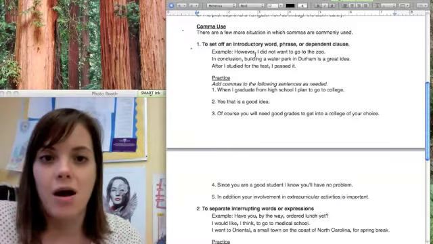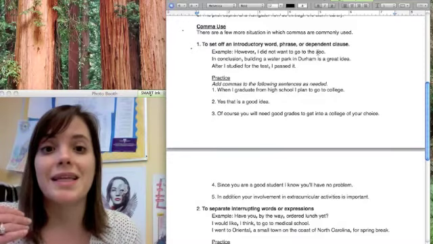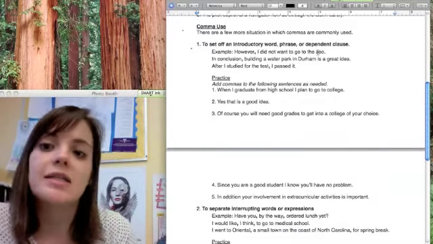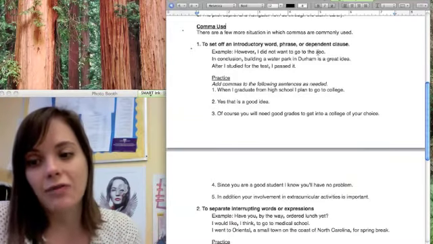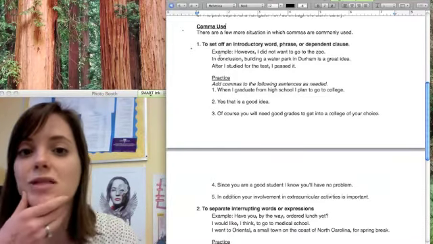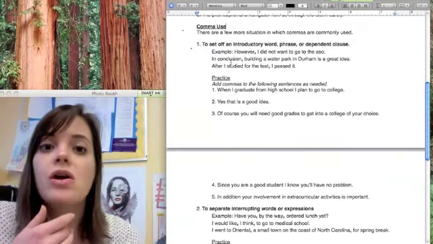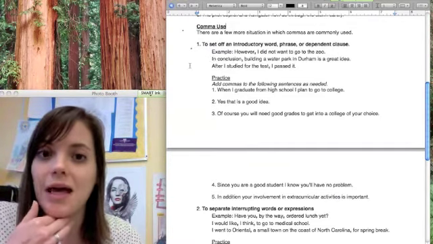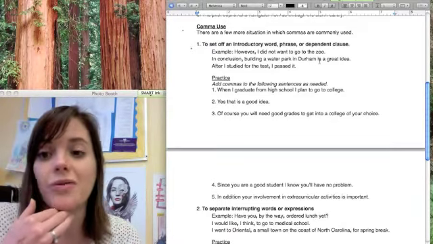However, comma, I did not want to go to the zoo. When you start with transitional words like that, however, in conclusion, in summary, first, second, third, you want to put a comma after that word. Same with transitional phrases like in conclusion, in summary, in contrast. So that goes to our next one. In conclusion, comma, building a water park in Durham is a great idea.